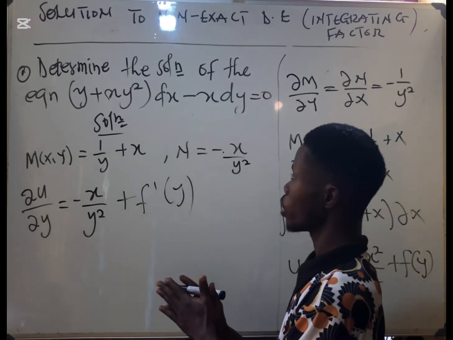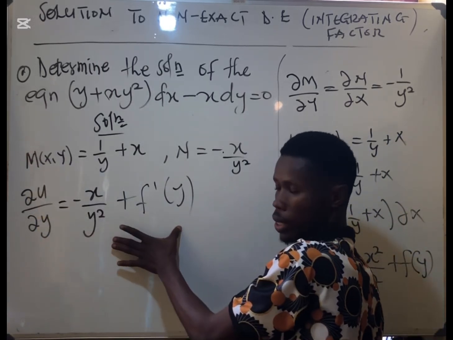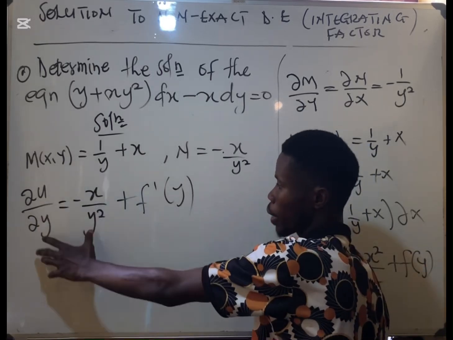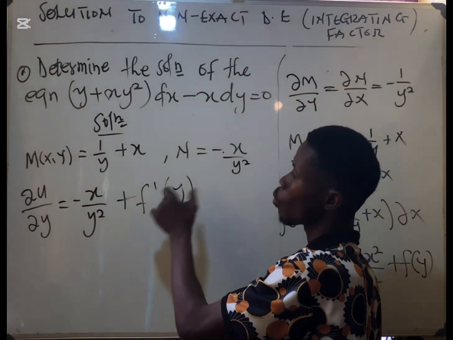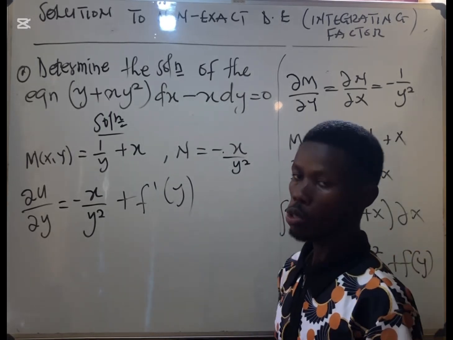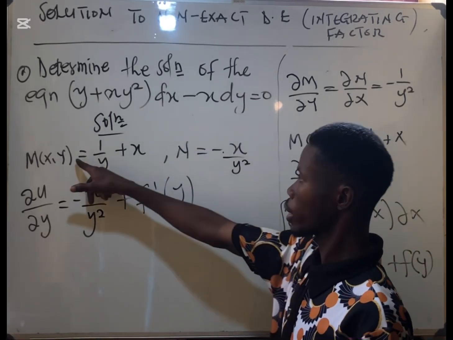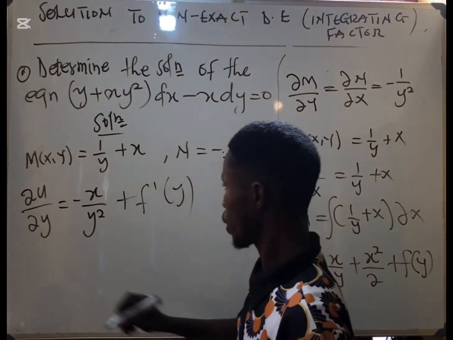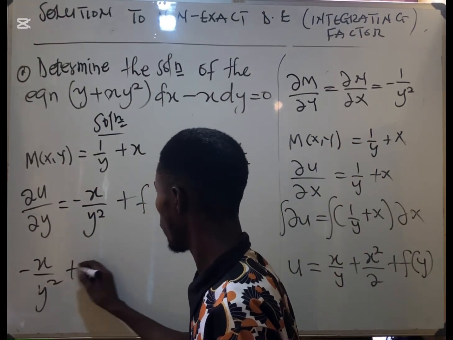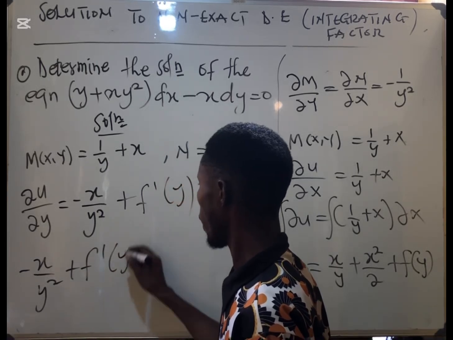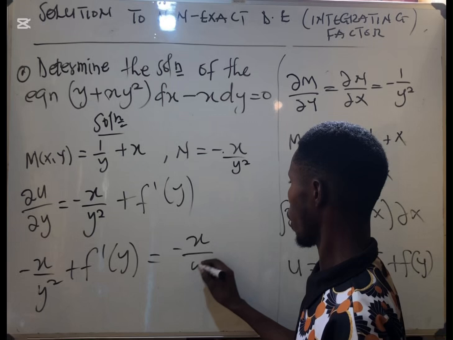Now what I'm going to do here is that, as I said here, I use the m to get this. So after taking the partial derivative with respect to the function there, then you equate it to the one that you did not use. So if you use this one, after you are done with everything, you equate it to this, meaning that negative x over y squared plus f prime of y is equal to negative x over y squared.